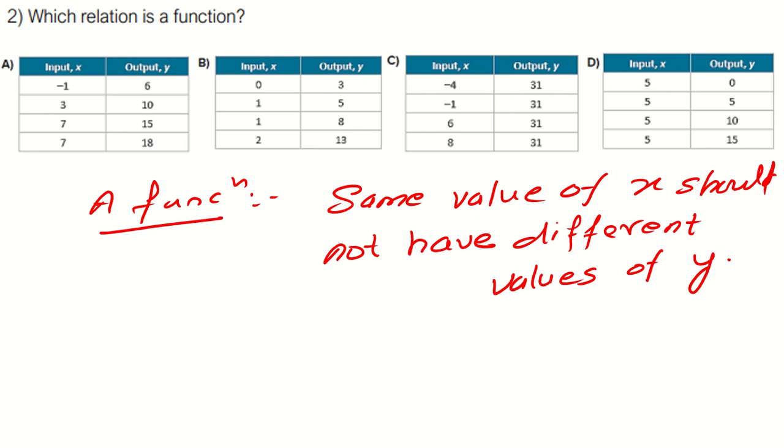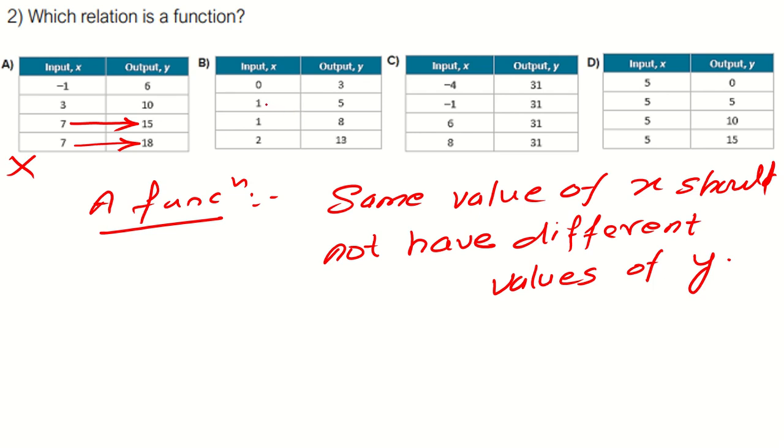Remember that x is called input and y is called output. Now you can see here 7 is related with 15 and 7 is related with 18 also. So this is not a function. It is a relation, it's okay, but it is not a function.